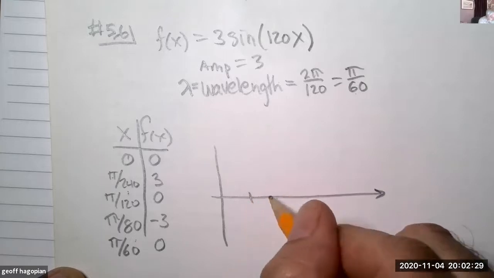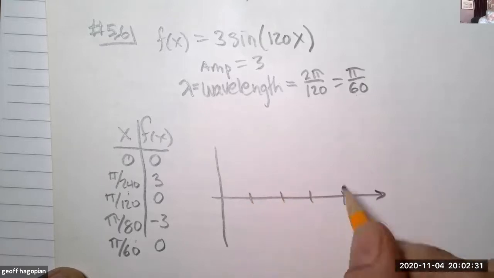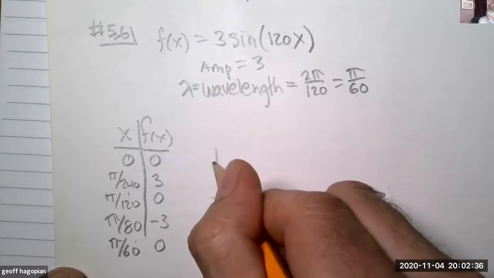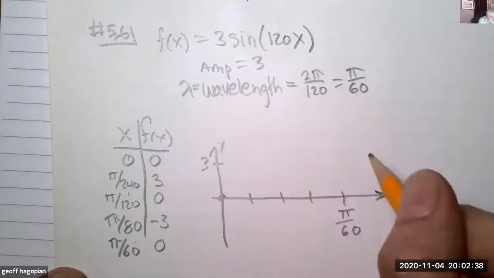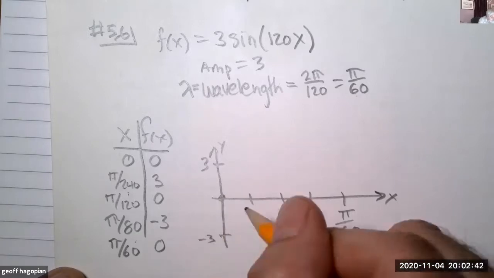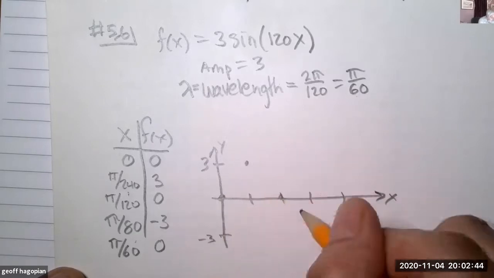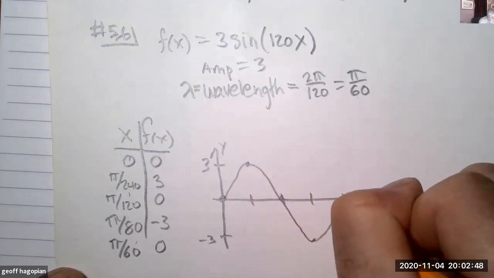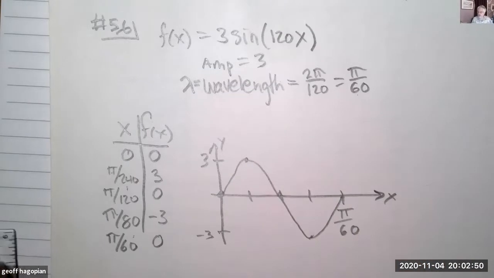Just 1, 2, 3, 4 quarter wavelengths to pi over 60. Start with the y-axis and the x-axis. There's 3, negative 3, and peak, equilibrium, trough, equilibrium. Boom, there's my graph. Let's do this on the TI-85, right?